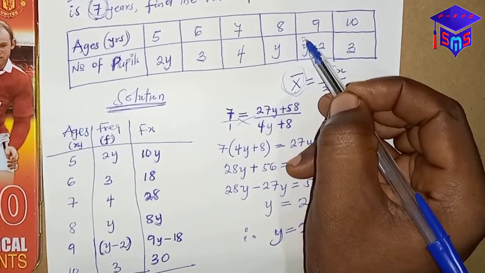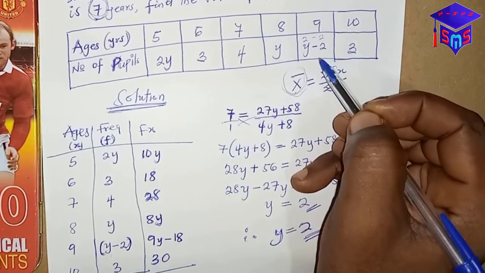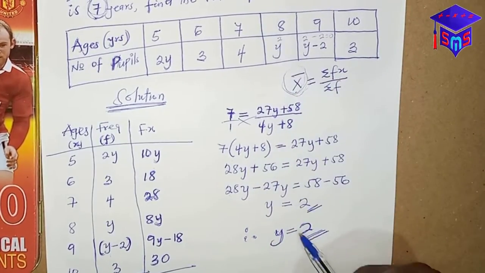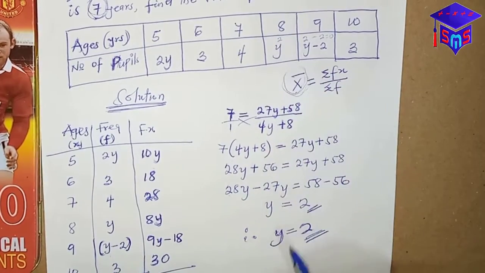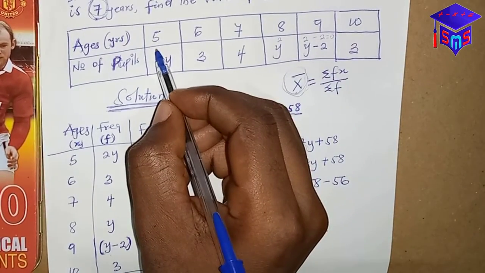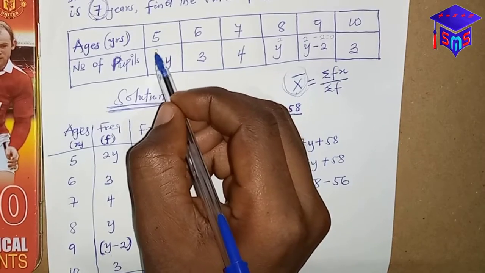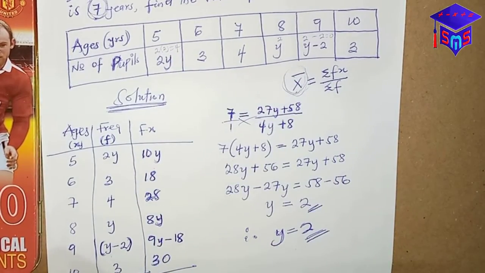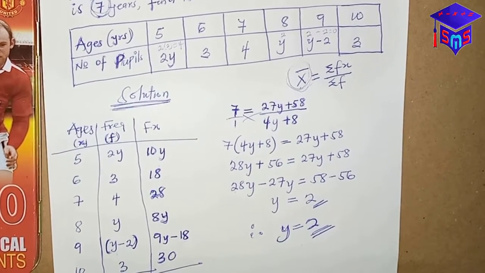So when you fix 2 here, you get 2 minus 2, and that will give us what? 0. And we said the frequency for 8 will be 2 because y is 2. And then the frequency for 5 will be 2 times 2, which gives us 4. So that is how these kind of questions look like.